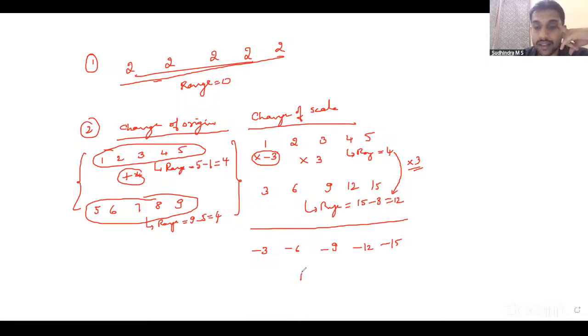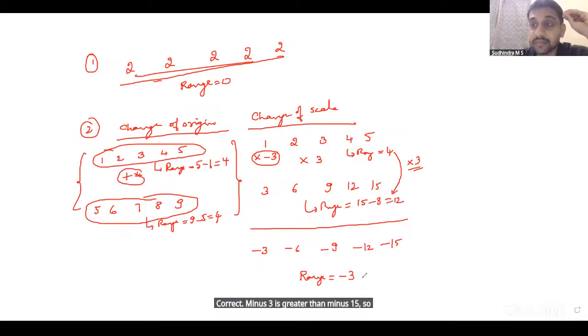The highest number is minus 3, since minus 3 is greater than minus 15.